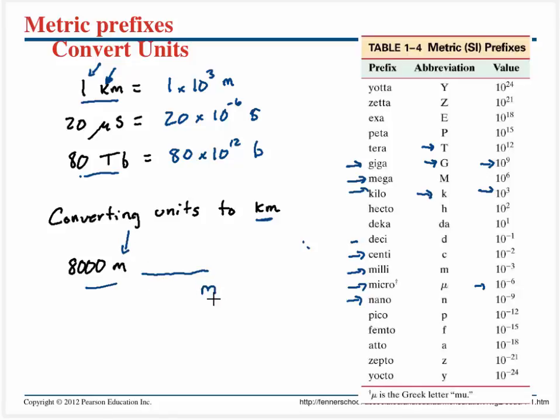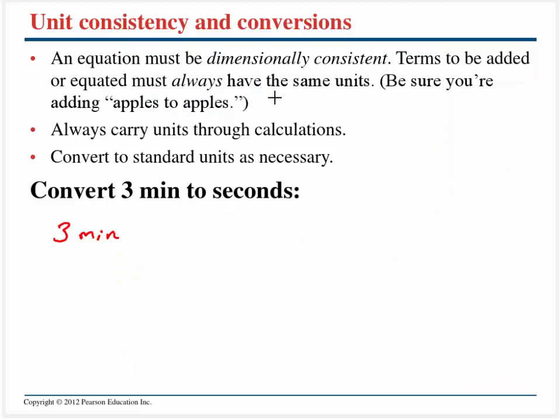I want to essentially divide by meters, and if I know that there's 1,000 meters in 1 kilometer, kind of what's written out right here, then I'm essentially multiplying by 1 in this little bracket that I just highlighted. These units of meters are going to cancel out with those units of meters, and I'm going to do the math and end up with 8 kilometers at the end of the day.